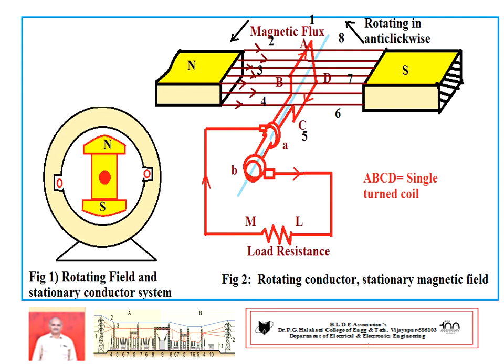Now for the generation, you can see different points starting from 1, 2, 3, 4, 5, 6, 7, 8, 1. That means we have to take one rotation of the conductor system. For example, at point 1, the AB surface is top, CD surface is below.